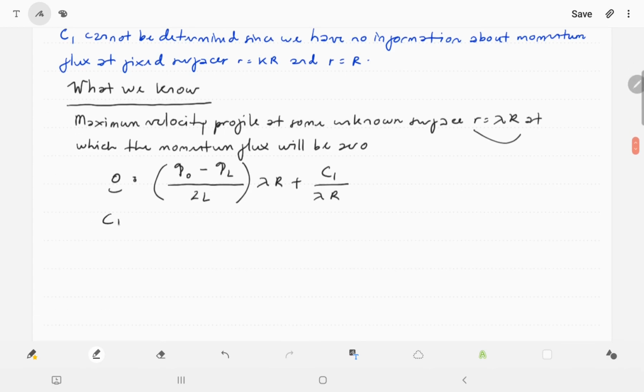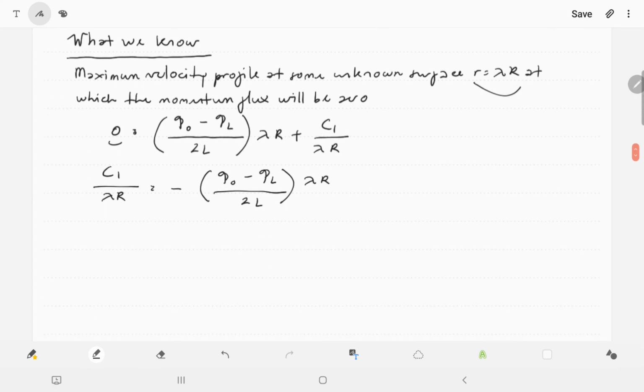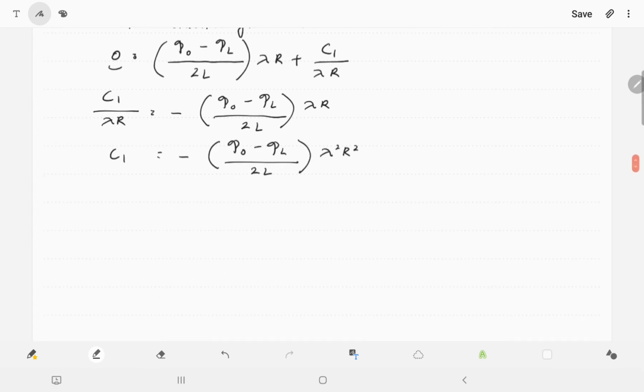Then we can continue the mathematical steps, and then we have an expression for C1 in terms of lambda.